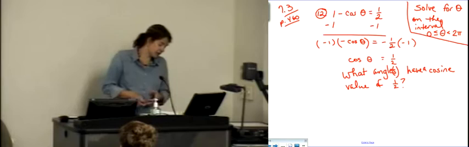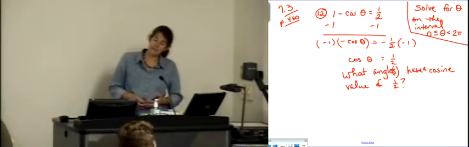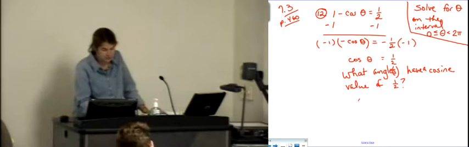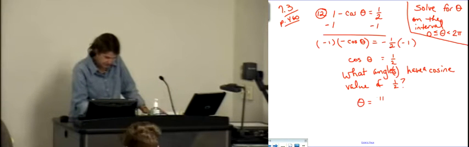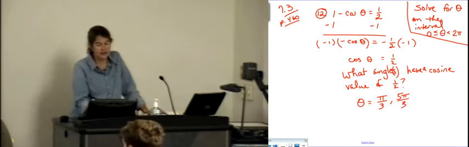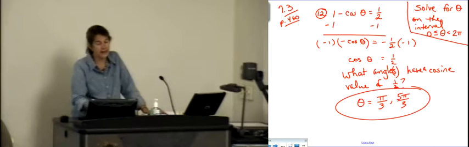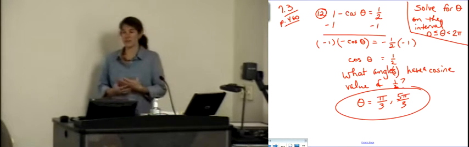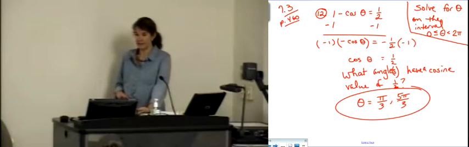So which angles have a cosine value of 1/2? Pi thirds does, right? Pi thirds and 5 pi thirds, right? Have that cosine value of 1/2. We are looking at all the angles where that happens from 0 to 2 pi.